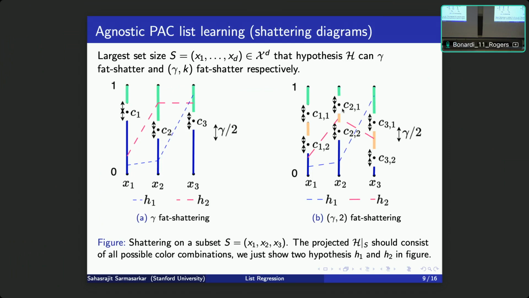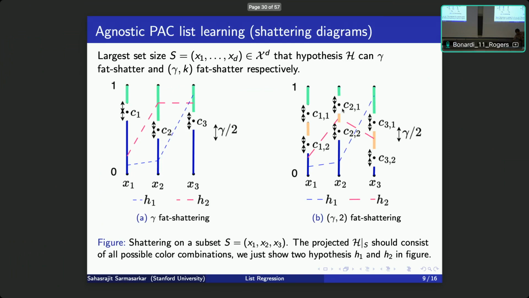We call them C11 and C12. And of course, you have this gamma by 2 separation, which is the scale of the dimension, also holding true here, and you have these labels here.